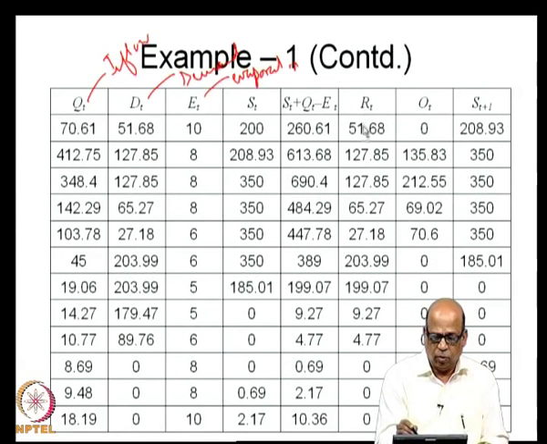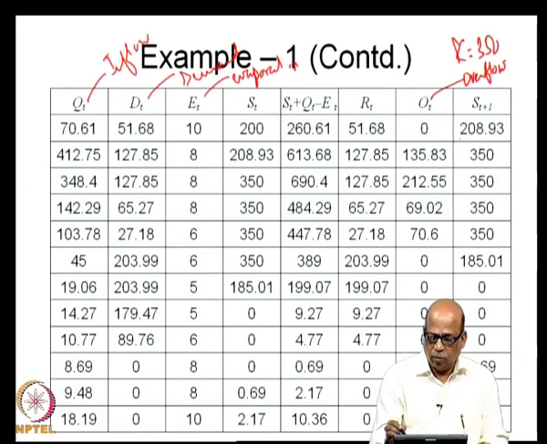So, R T will be equal to the demand 51.68, and 260.61 minus 51.68 is less than the capacity K, which is 350. Therefore, the storage at the end of the time period, 208.93, is less than the capacity 350, and so the overflow, or the spill, will be 0.